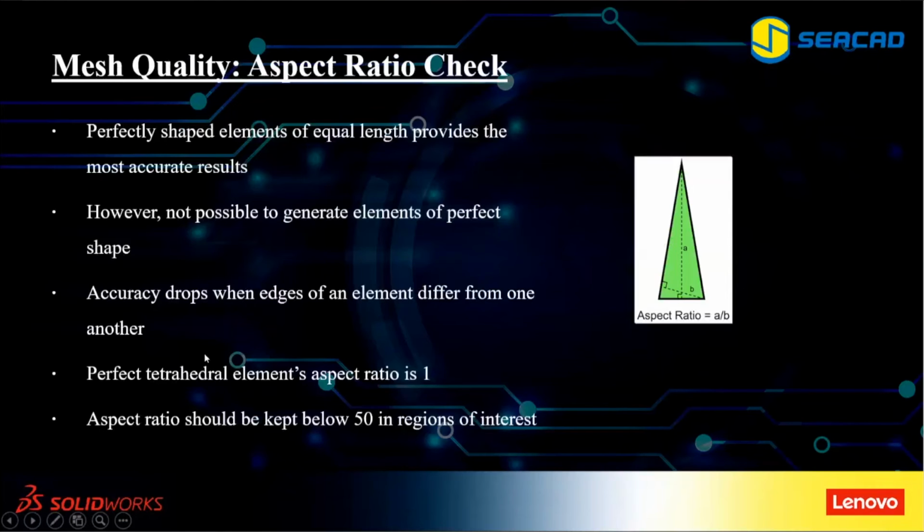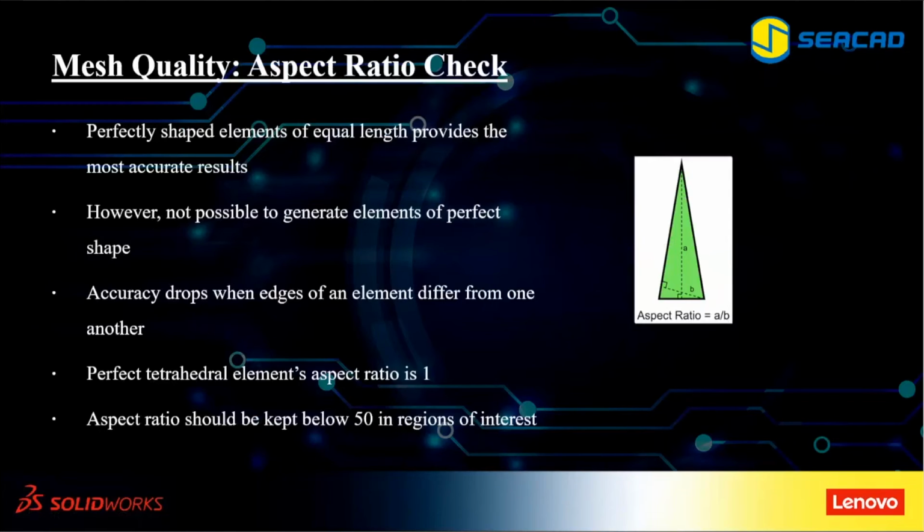The perfect tetrahedral element has an aspect ratio of 1. If it is 1, it means the three sides of the triangle have the same length, so the result will be very accurate.